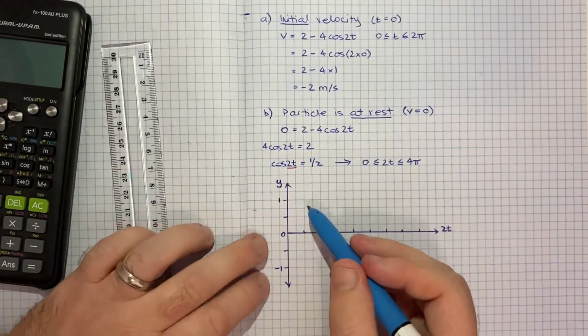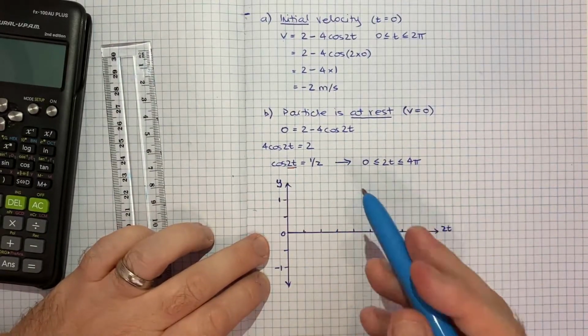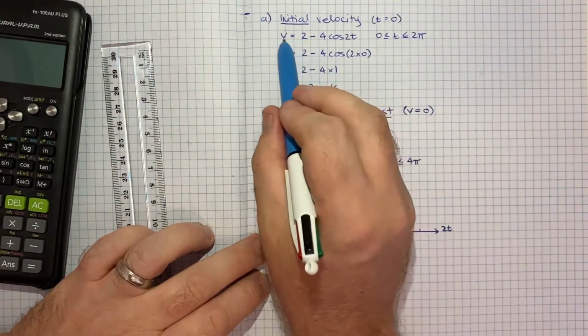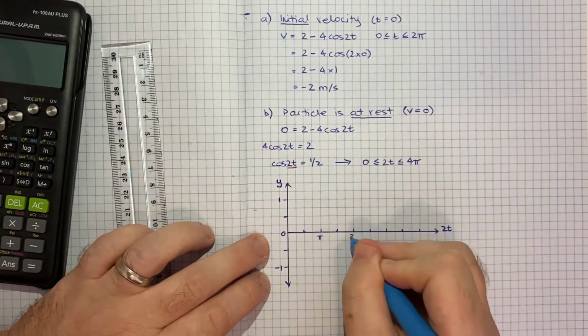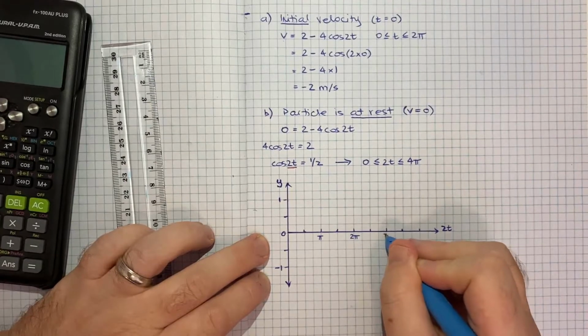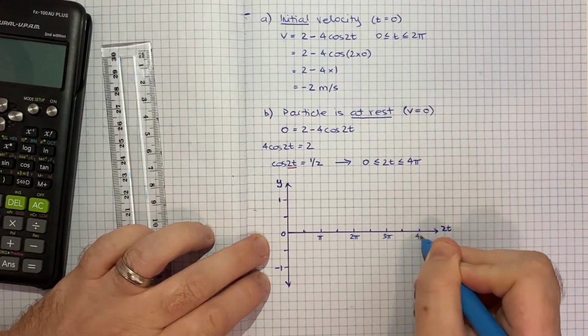So we're doing a sketch of just cos 2t in the lead up to part C, where we're going to sketch this curve proper. So we'll have pi, 2 pi, 3 pi, and 4 pi.